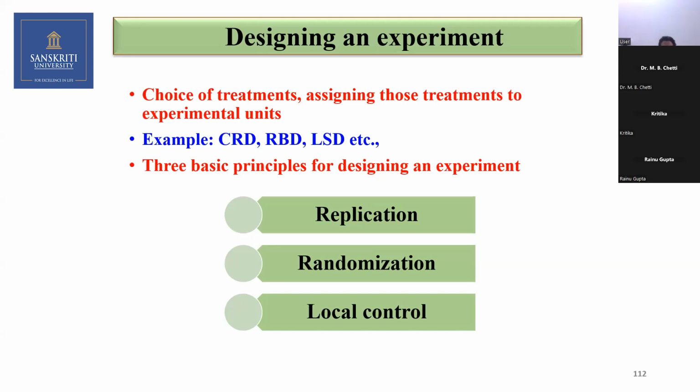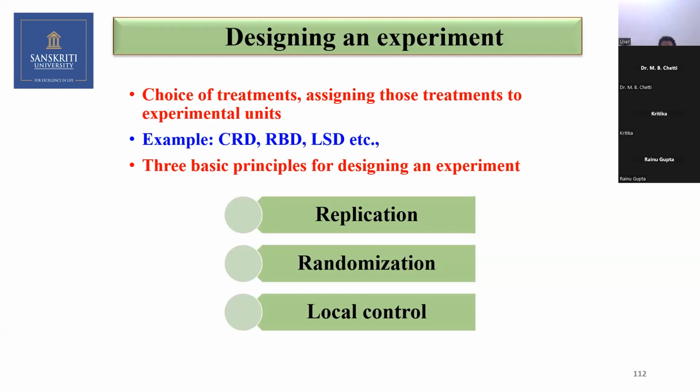Then randomization means you are giving equal opportunity to all the treatments. You are not biased. You are giving equal probability to each and every plot in agriculture, or each and every student when you are selecting students. You can use a lottery method, or random tables are useful. The third one, which is important, is local control. You have to control all the variables except the one which you are testing.